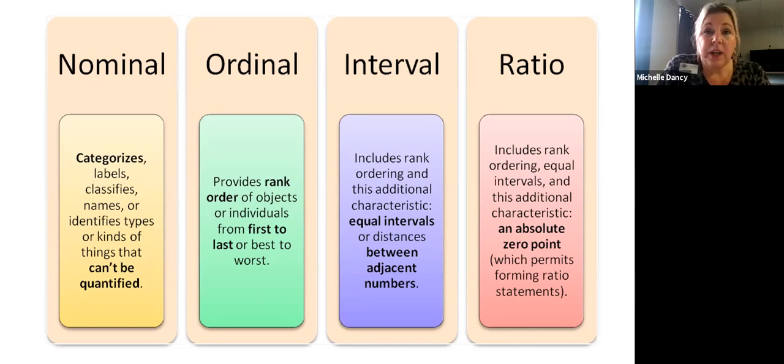If we take our data one step further to ordinal, ordinal has the same characteristics of nominal, plus it can be ranked. So I can say one is higher than the other, or one is better than the other. So for instance, when somebody has you rate something on a scale of good, better, best, 1 to 10, 1 being the lowest, 10 being the highest, I can now rank those.